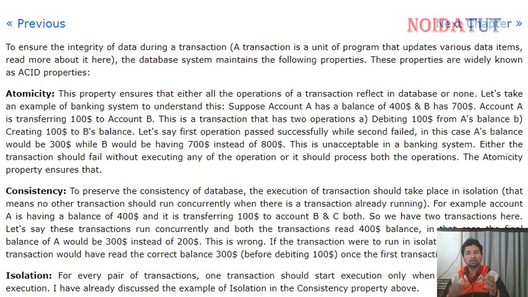To ensure the integrity of data during a transaction, a transaction is a unit of program that updates various data items. The database system maintains the following properties, and these properties are widely known as the ACID property.